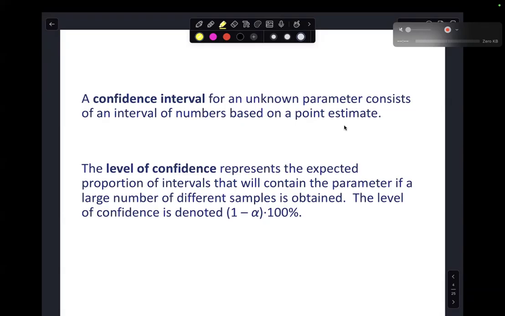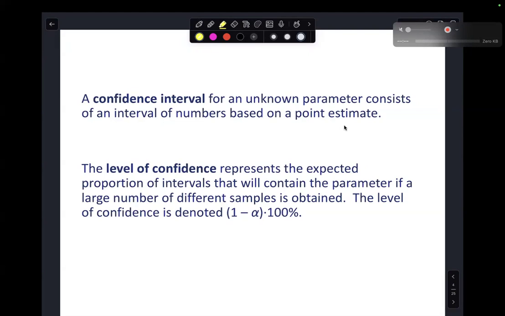So our level of confidence. We need to have a level of confidence. We never see this in polls. They don't ever show this. But if I want to be 99% sure that the interval that I create contains the actual population parameter, then my confidence interval is going to be a little bit wider and I'm going to have certain math I'm going to do with that.